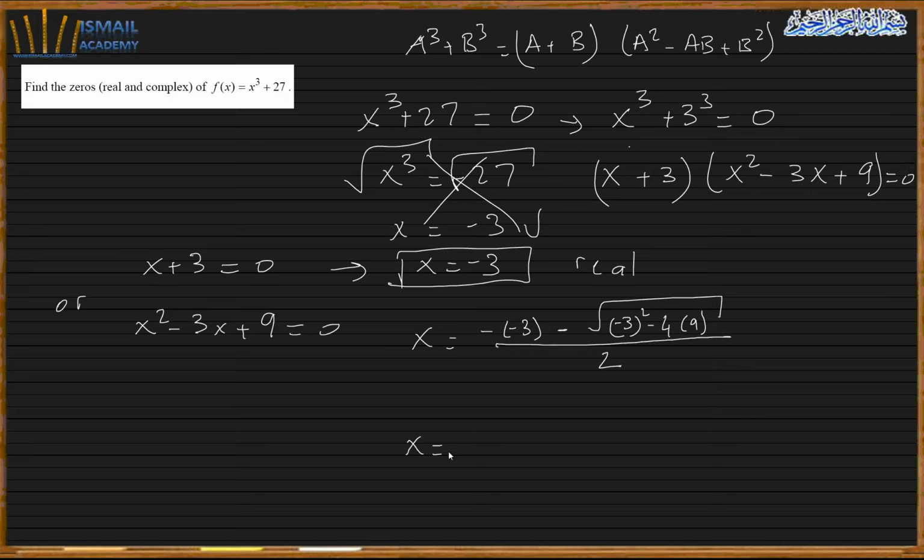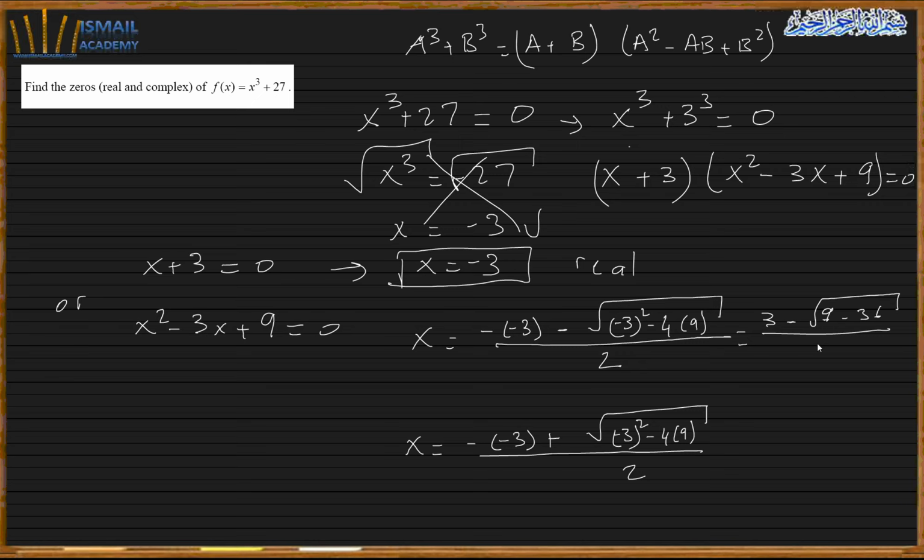So I will have 3 minus or plus square root of 9 minus 36 over 2. So this is going to be minus 27.